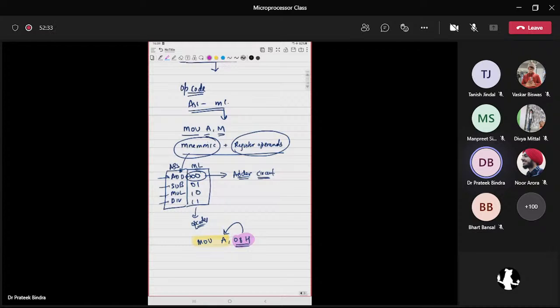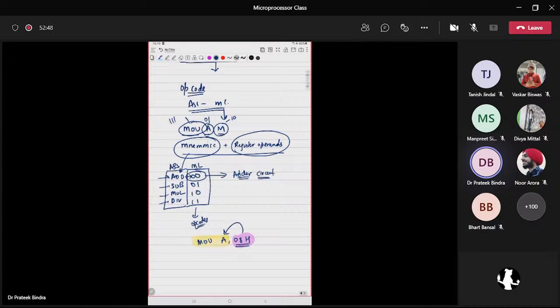Fine. Just for your example, it's not the actual case, let us suppose if I write move, it will be converted into 111. If I write A, it will convert into 01. If I write M, it will convert into 10.